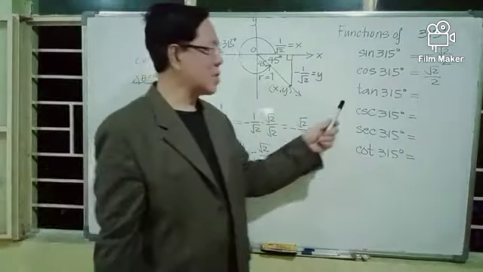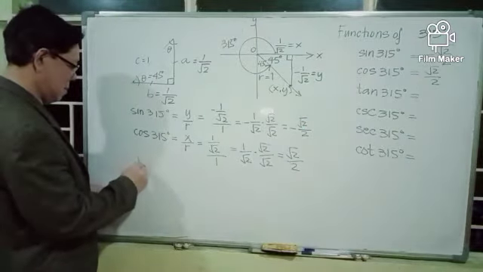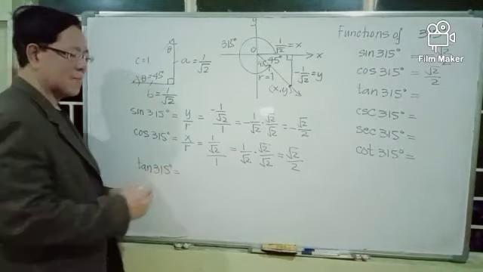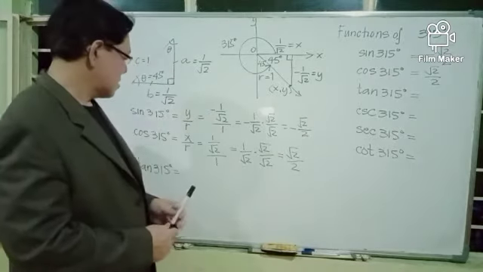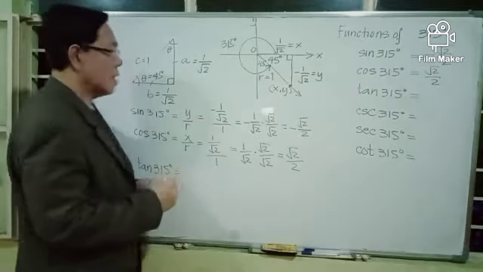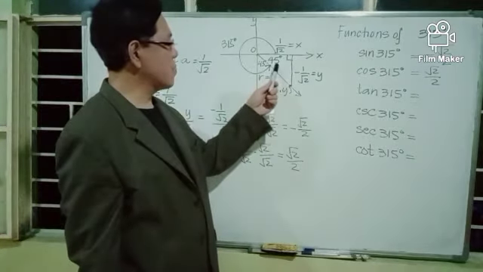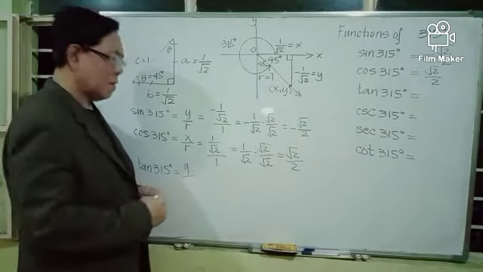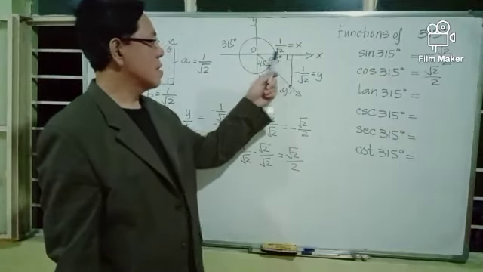Next, we find the tangent of 315 degrees. Tangent from our past lesson is equal to the ratio of the side opposite the angle, and in our diagram, the side opposite 45 degrees is y, over the side adjacent to 45 degrees, x.